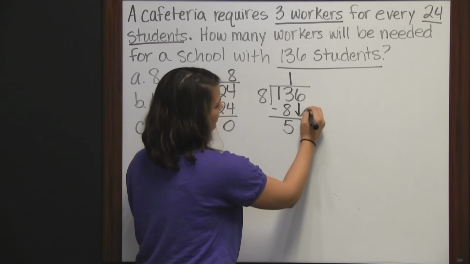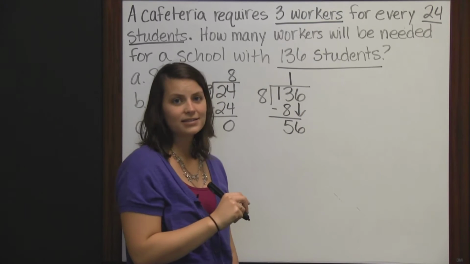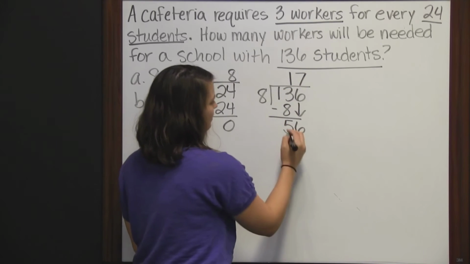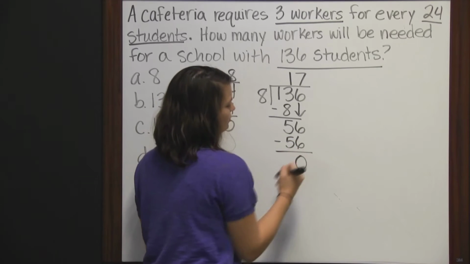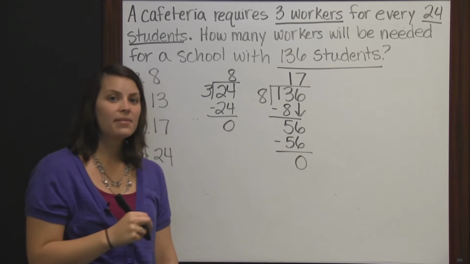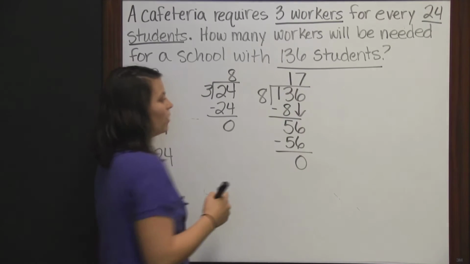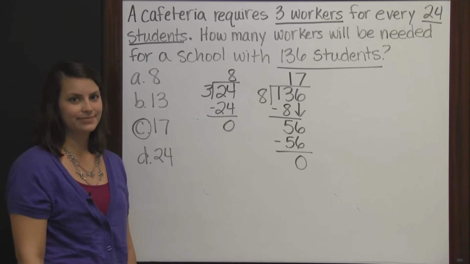Then we bring down our 6. 8 goes into 56 7 times. 8 times 7 is 56. And we subtract and have no remainder. So that means we're going to need a total of 17 workers for these 136 students, which is answer choice C.